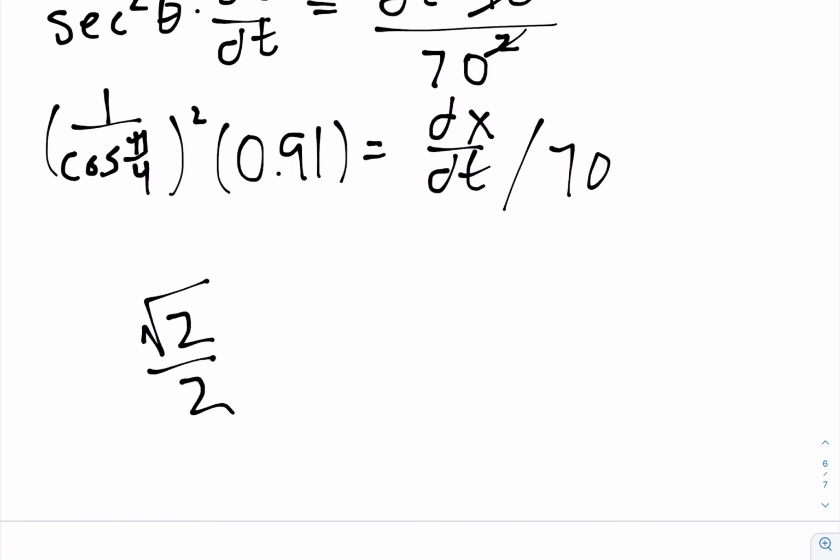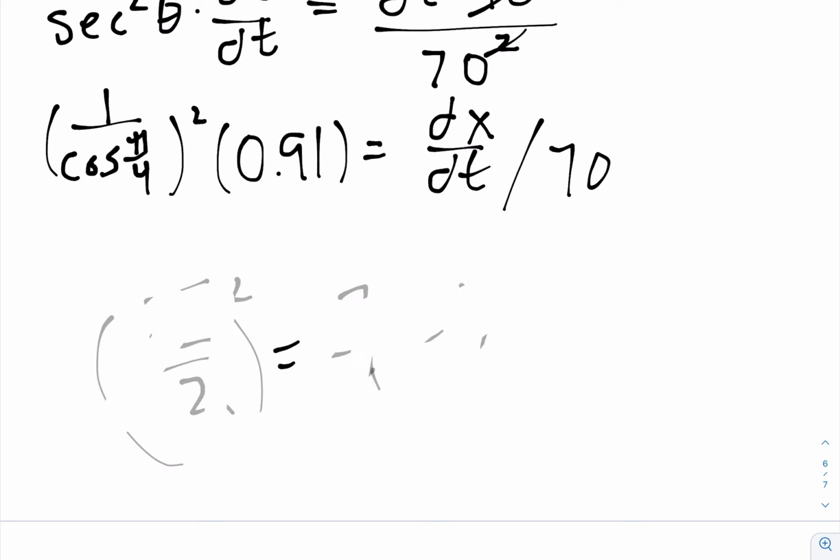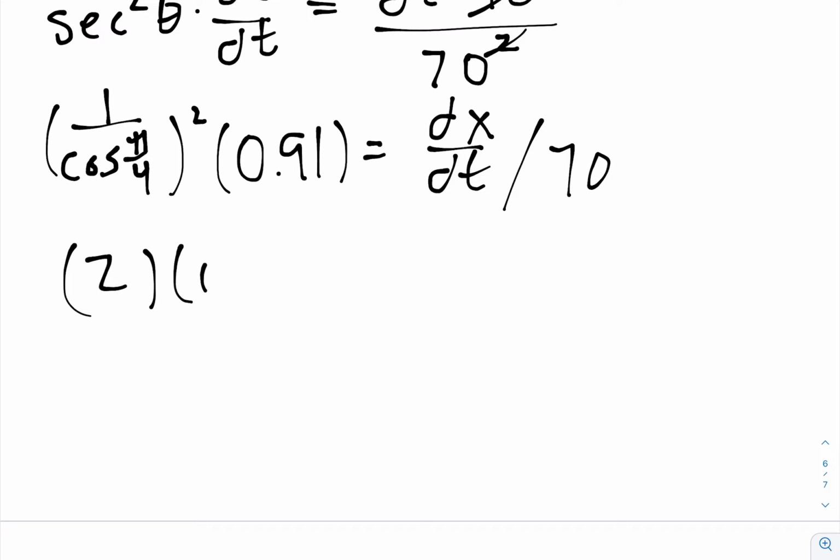If we're squaring that, that's going to be 2 over 4, because root 2 squared is just 2 over 2 squared, which is 4, which is a half. And then we're taking 1 over that. So 1 over 1/2, that's just 2 times 0.91.